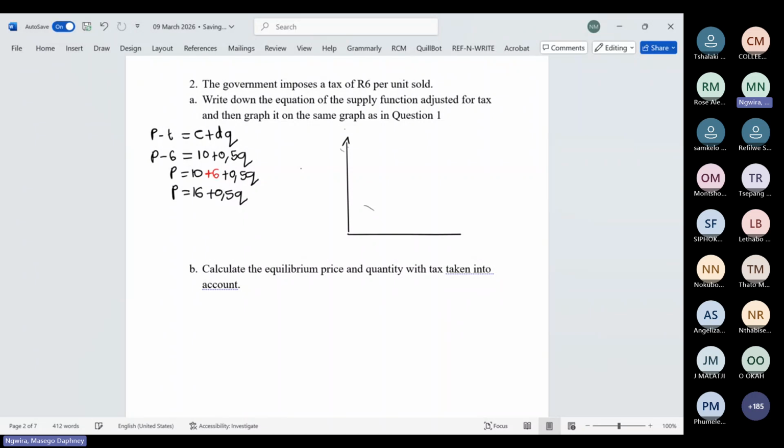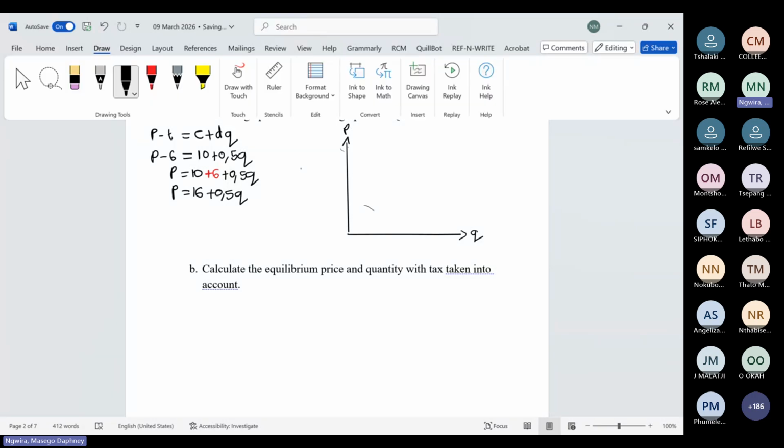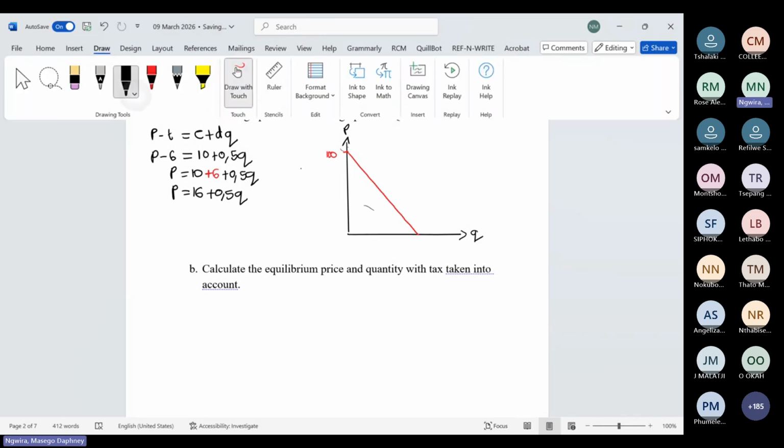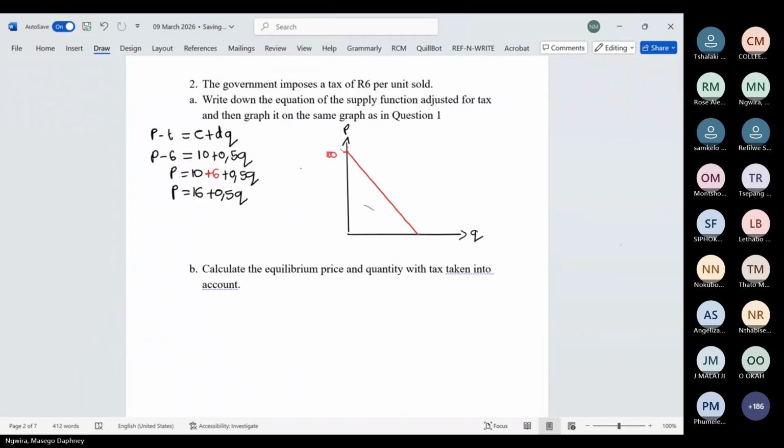So this is P, and this one is Q. Our demand function starts at 100, and then goes down because the slope is negative for the demand function. And for supply, it's positive. Originally it starts at 10, that was before the tax. I'm just going to use another color. Okay, let me just confirm.